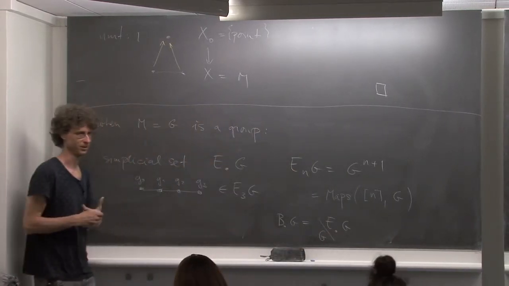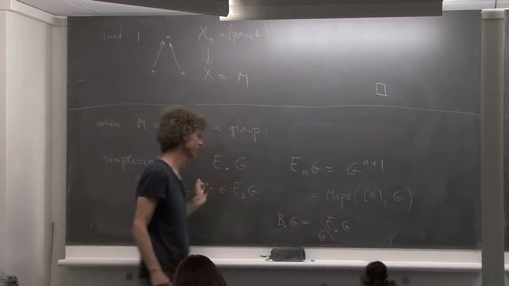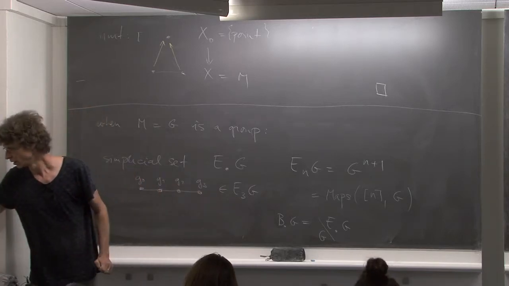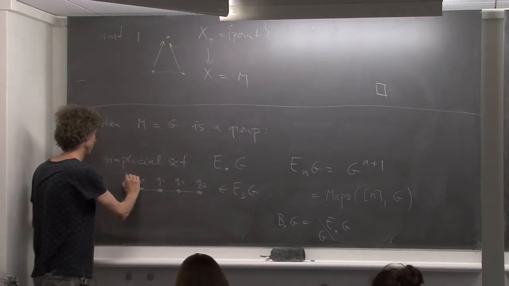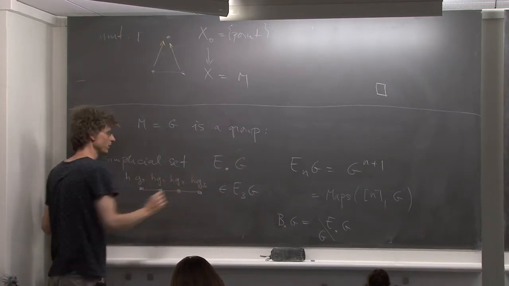Of course it doesn't matter. So this is the action by left multiplication of everybody. So it means that I take some h and multiply everybody by the same h.